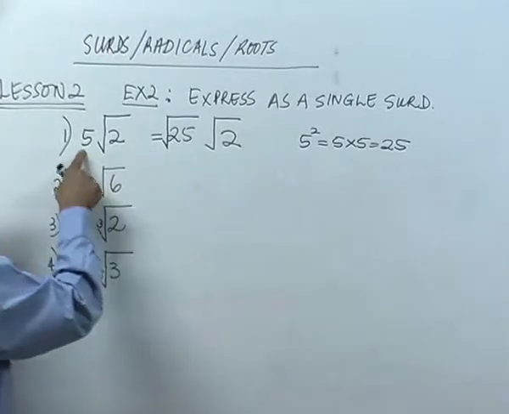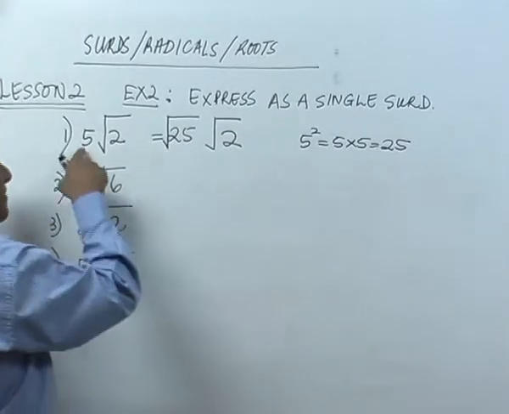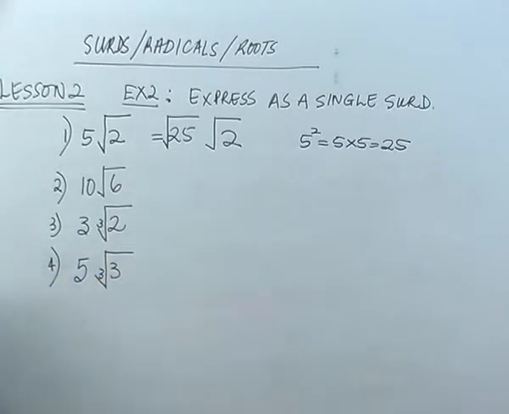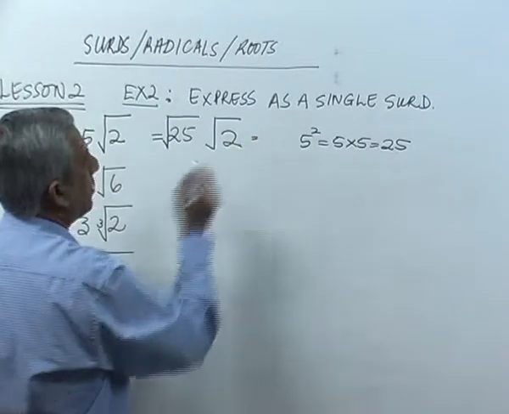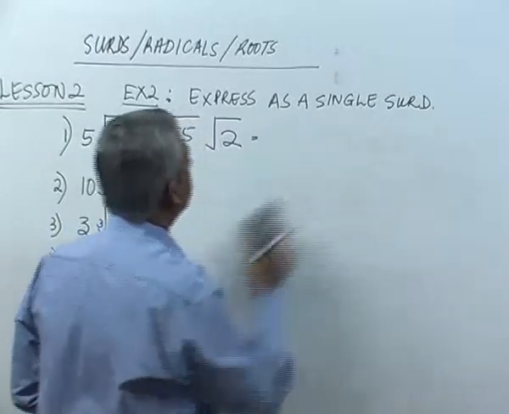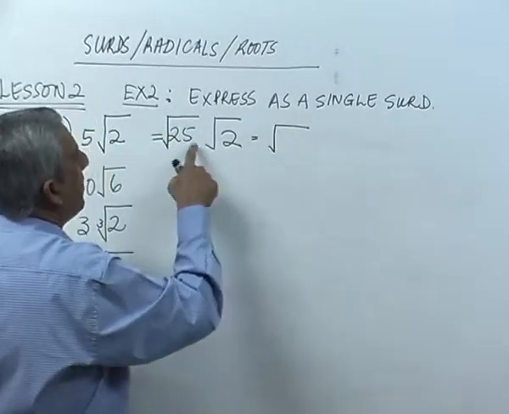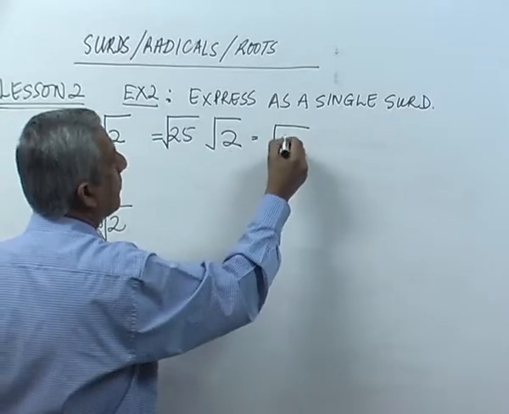You see, 5 is the square root. The square root of 25 is 5. So what we've written here is perfectly correct. And then this will be equal to square root of 25 times 2, 50.